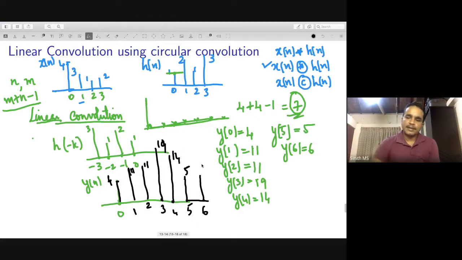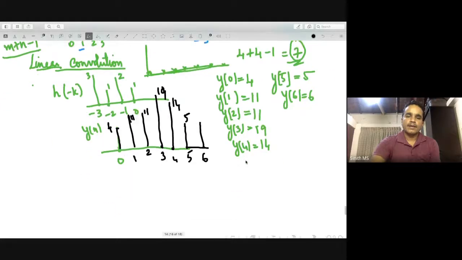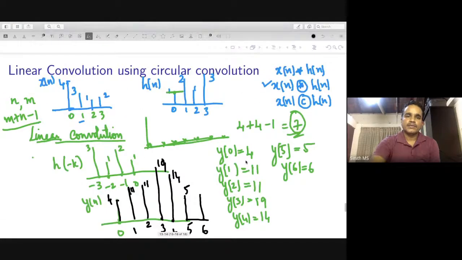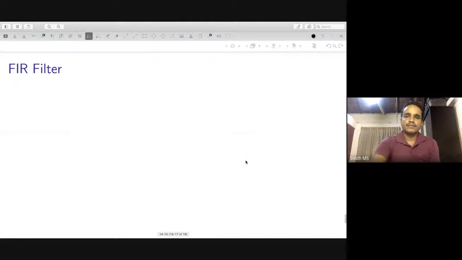Now this is linear convolution. Now let us see how to do circular convolution using linear convolution. You have the signal 4 3 1 2.